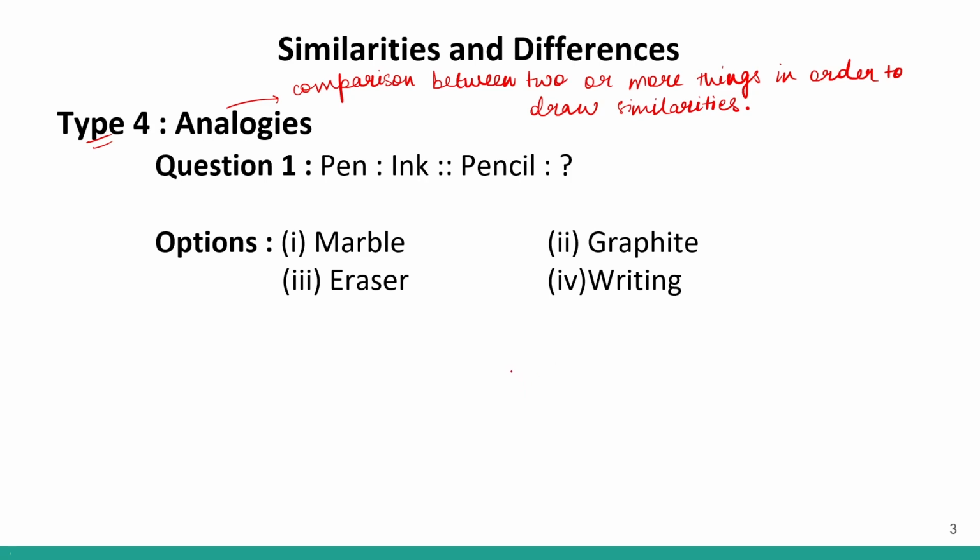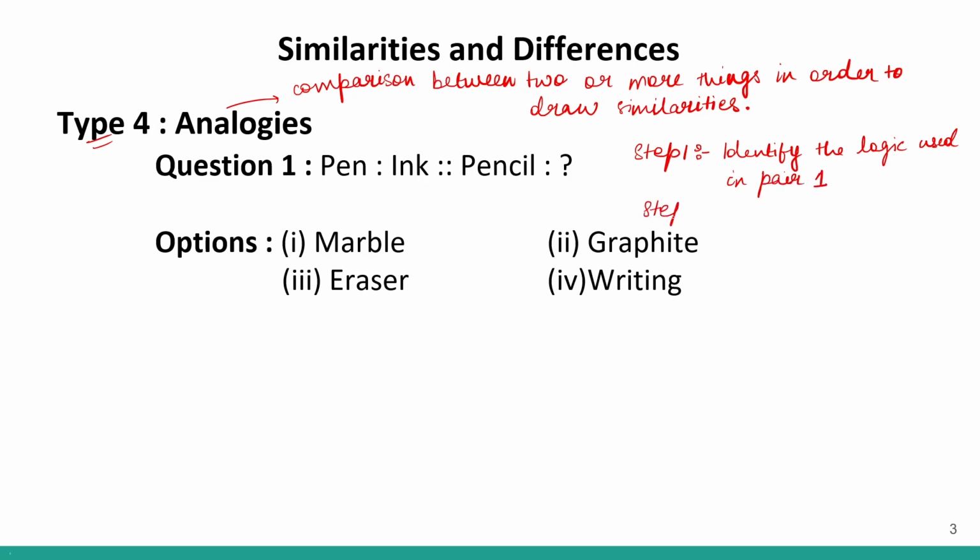Now, I told you that there are 2 steps to solve any question related to analogy. Step 1 is to identify the logic or the pattern used in pair 1.